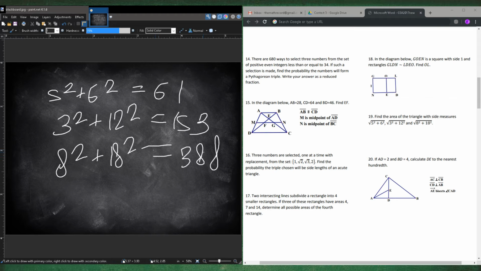So 61 plus 153 is obviously smaller than 388, so it's not going to be a right triangle. What that tells us is that since 61 plus 153 is less than 388, it's going to be obtuse, so something like this, right?